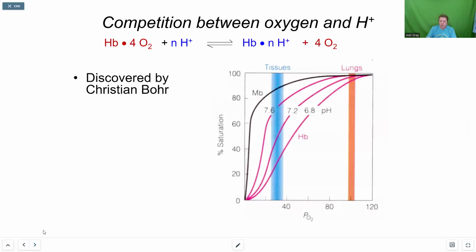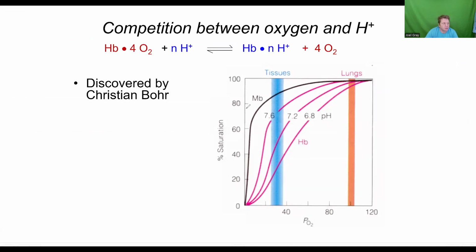Now, this is significant because what we observe when we study hemoglobin binding proteins is something known as the Bohr effect. The person who developed this theory was a fellow by the name of Christian Bohr, and his studies basically revolved around, how does the pH of an environment influence hemoglobin binding?